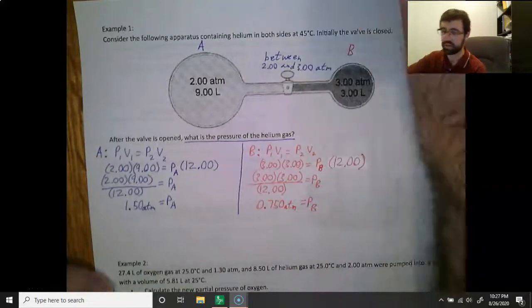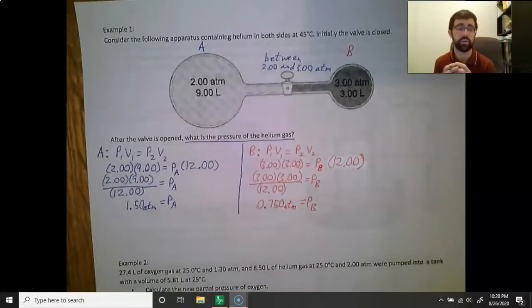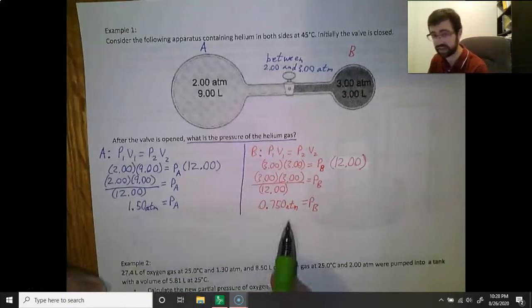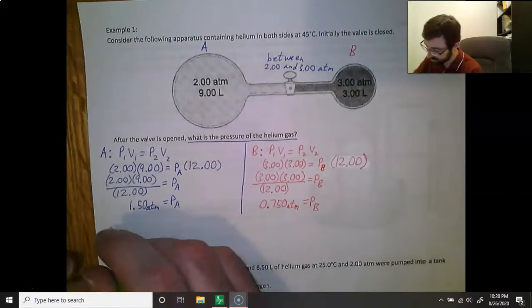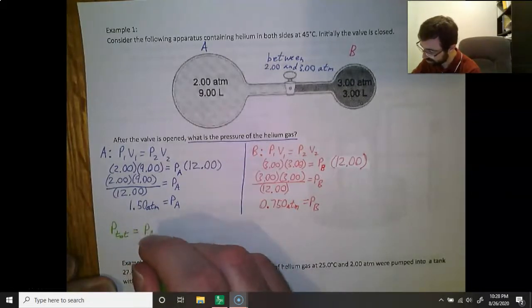All right. Last thing we need to do, because I wanted to know the pressure of the mixture. I know the partial pressures of my two gases in the mixture. The total pressure, P total, is going to equal PA plus PB.